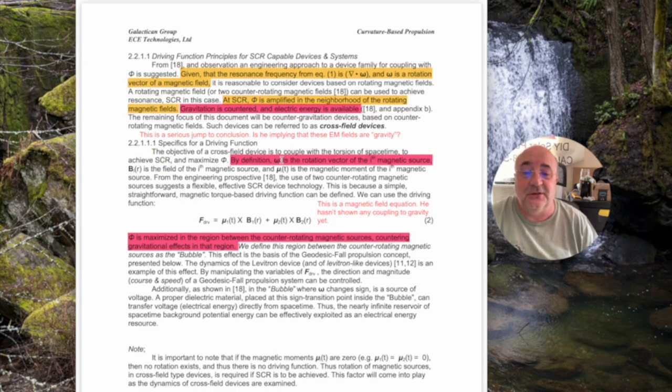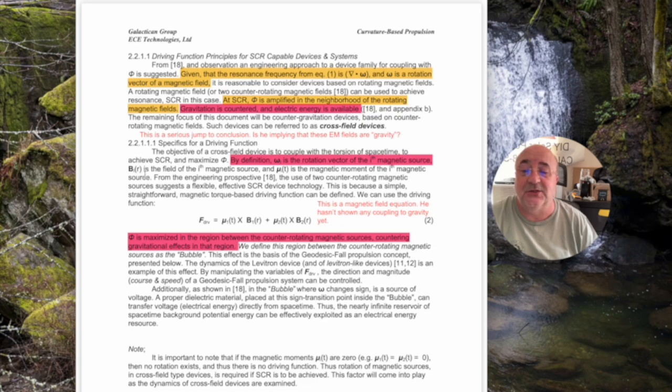By definition, he's defining omega_i as the rotation vector of the ith magnetic source, B_i of r as the field of the ith magnetic source, and mu_i of t as the magnetic moment of the ith magnetic source.